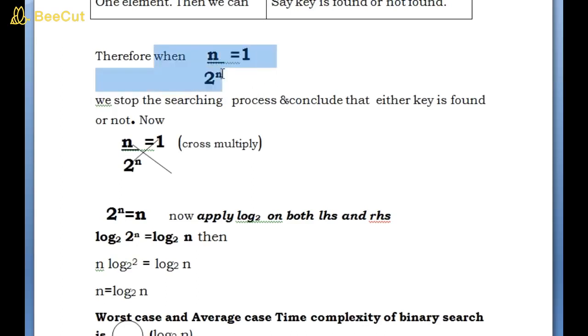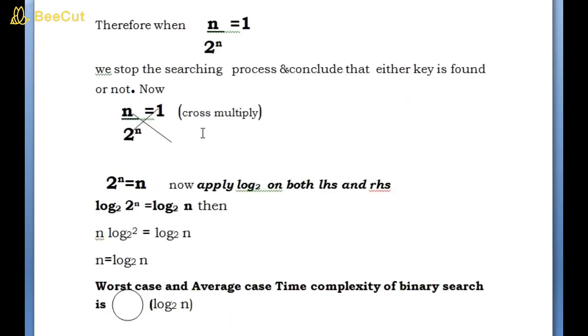Here n by 2 power n is the number of elements in the subpart, and that number should be equal to 1. Then we stop the process. This is the process we follow to determine the average case and worst case time complexity.